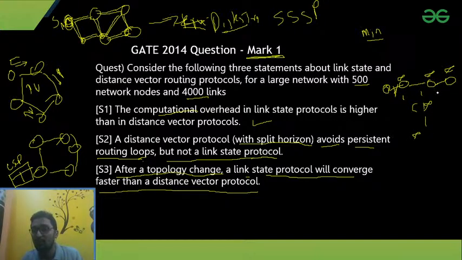It will go on 1, 2, 3, counting values. So split horizon solves this problem and avoids persistent loops.